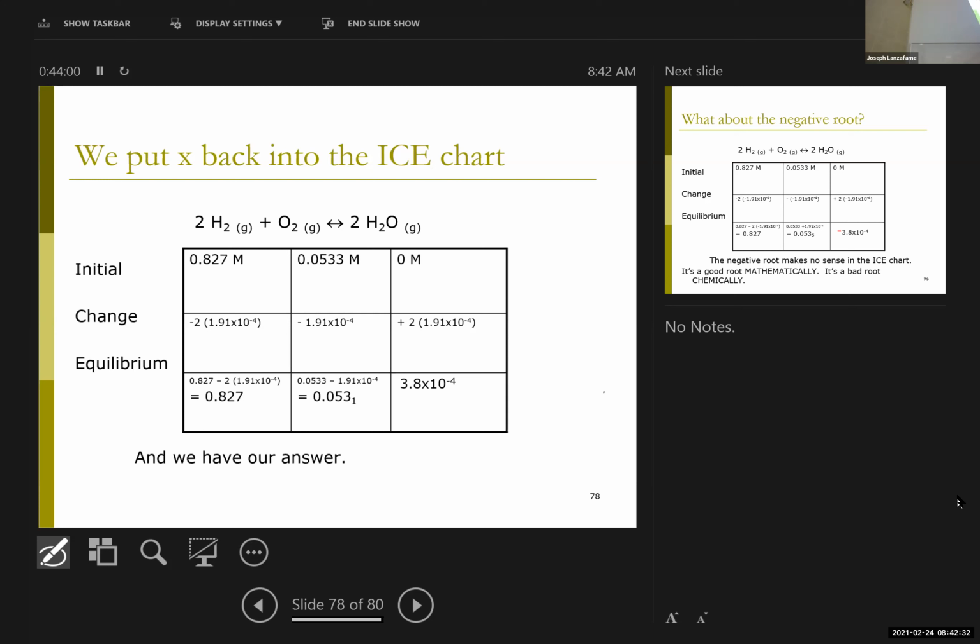However, I do not base the assumption on whether x is negative or positive. If I had started with water as well as hydrogen and oxygen, there's no reason why x might not be negative, because I fundamentally assume the reaction was going left to right. Reactions go both ways. And so the decision over which route to take is based less on what the value of that number is and more on what happens in my ice chart.